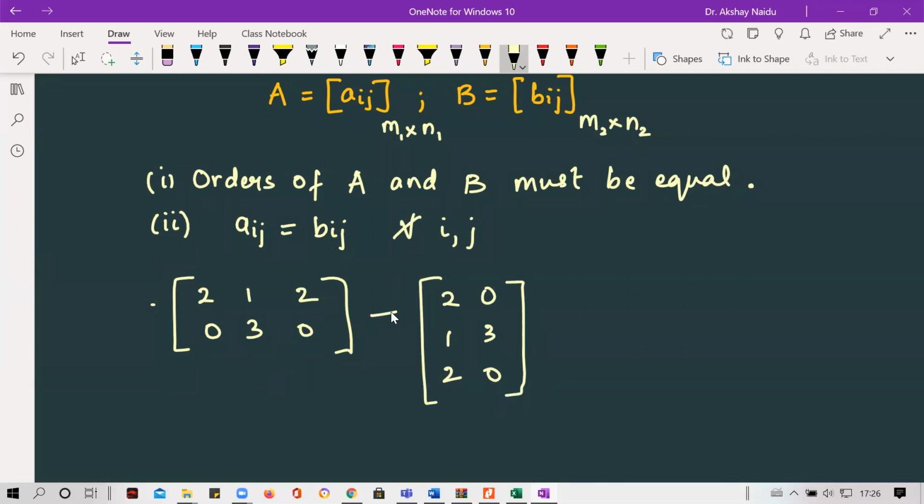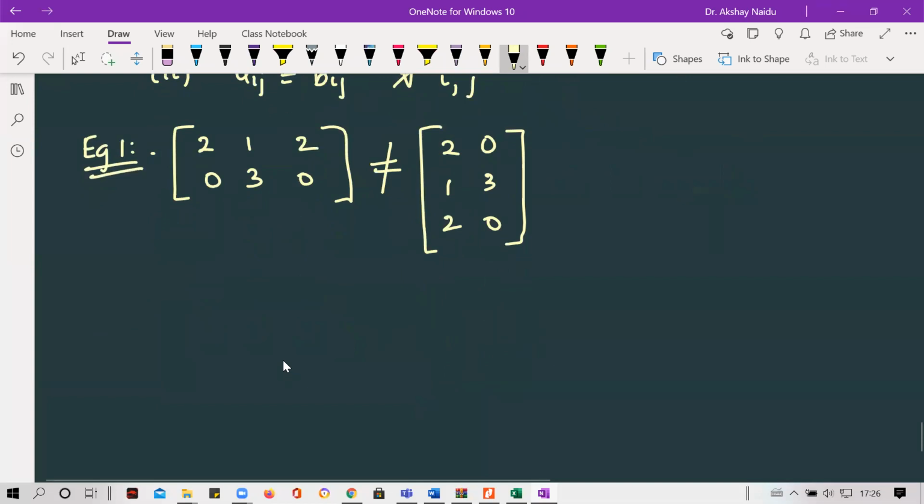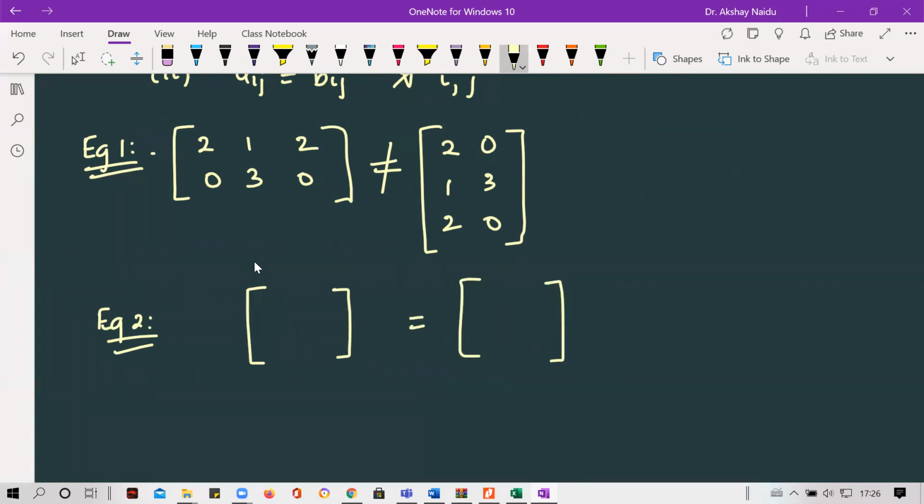Elements are the same, but the matrices are not equal, because the orders are different. Example 2: orders are same, elements are different.